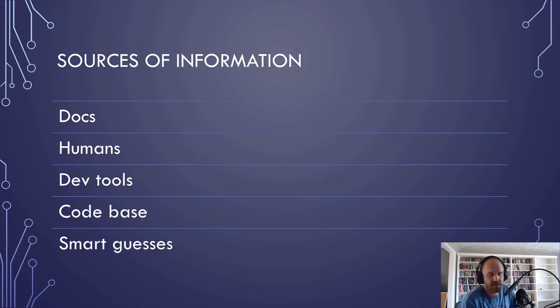So I put humans here, for example, and humans are your teammates, your manager, product managers who own the product, developers, all these people that you interact with who may have some information about the API that can be sources of information to figure out what you might be missing in the API.